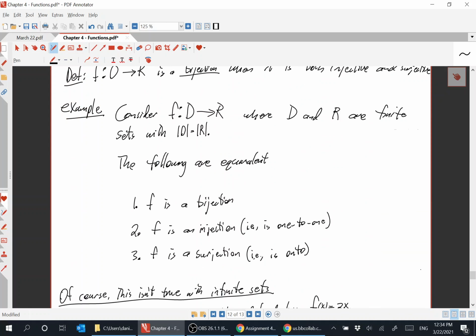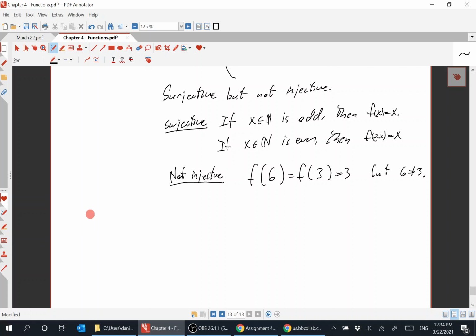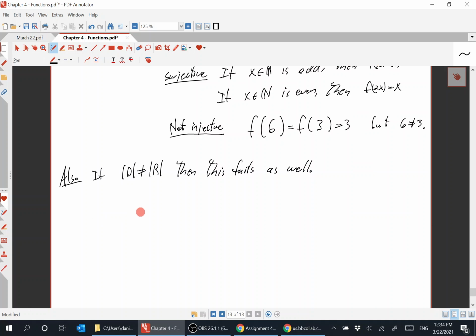So for finite sets of the same size, these things are equivalent. Okay. And then if they're not the same size, if the size of the domain is not equal to the size of the range, then this fails as well. Right. So you had a domain with 3 elements and a range with 4 elements, 5 elements, or whatever.